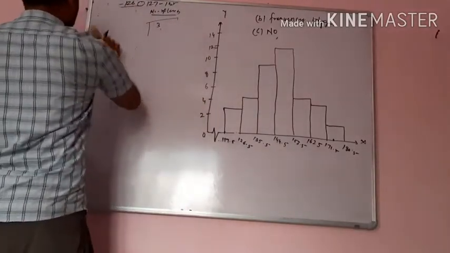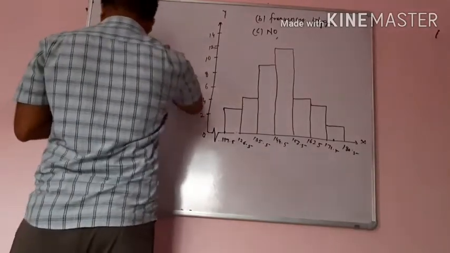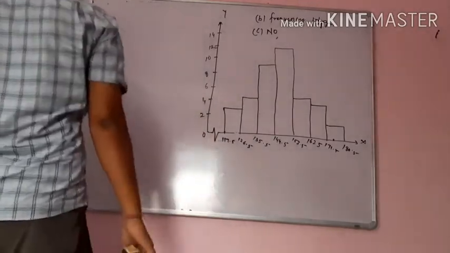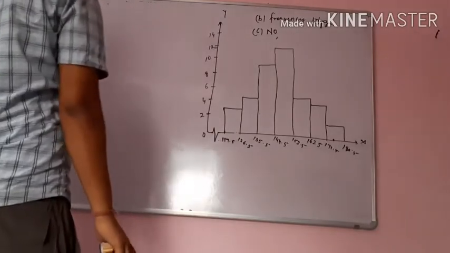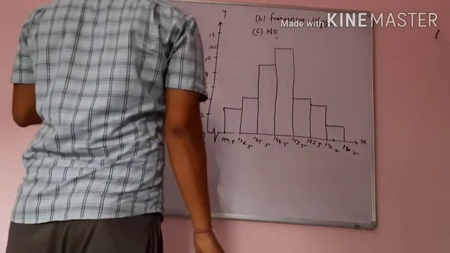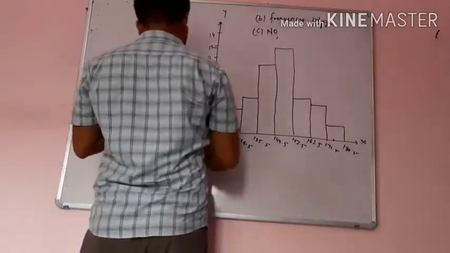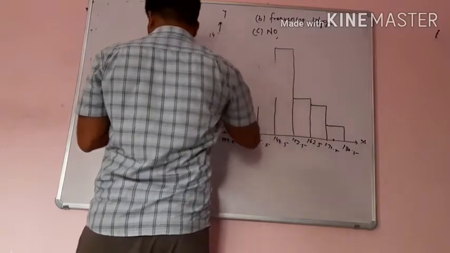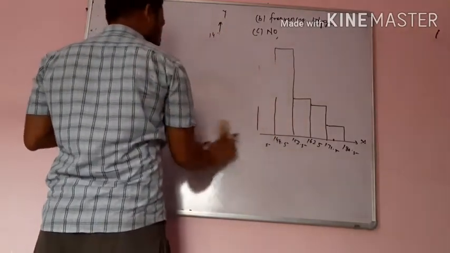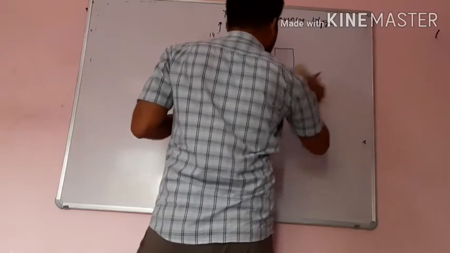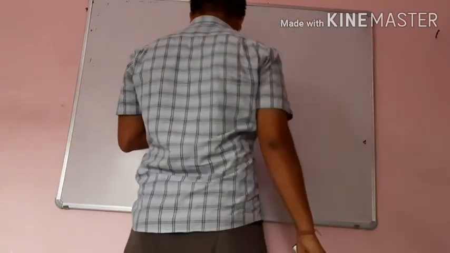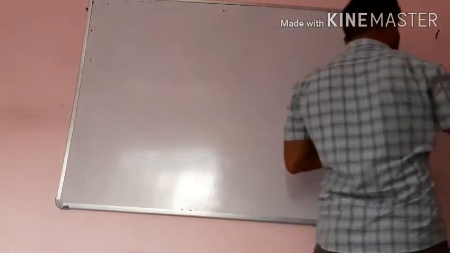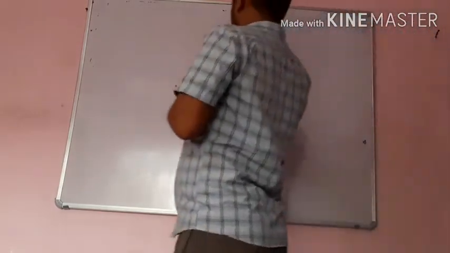And the second part is how many lamps have a life of more than 700 hours. So by seeing the data, what will be the answer of fifth B?